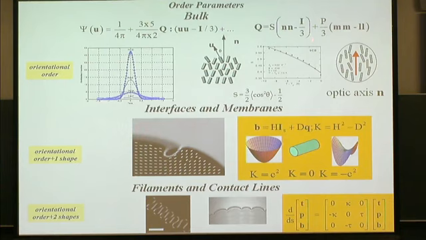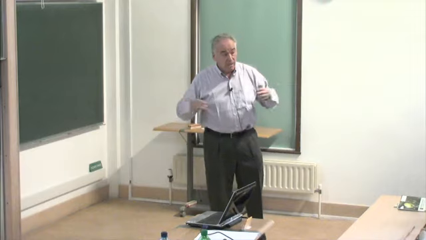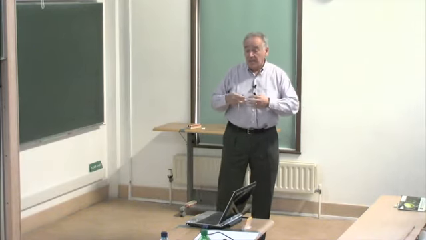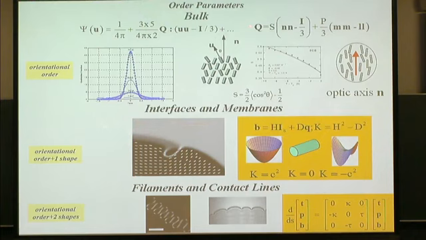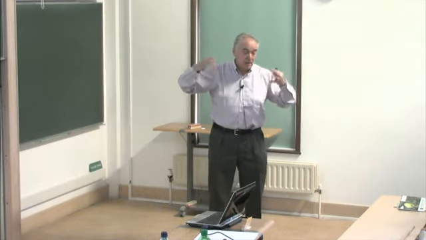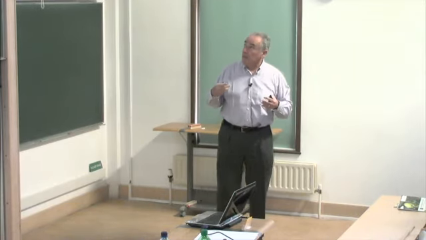The other component of this Q tensor is the optic axis. This is a slow variable that describes defects and lives on the micron scale. So this object contains long wavelength information, short wavelength information, slow process, and fast process. So the problem is multi-scale from the beginning.